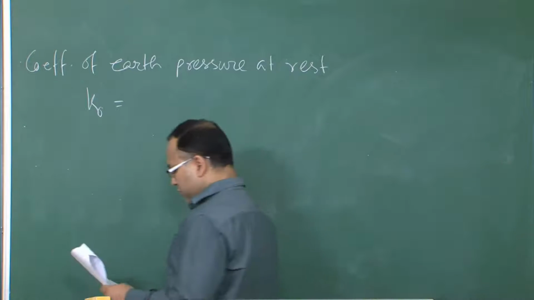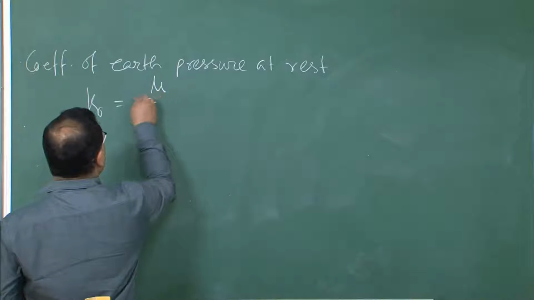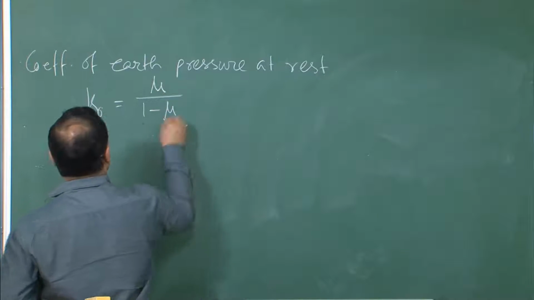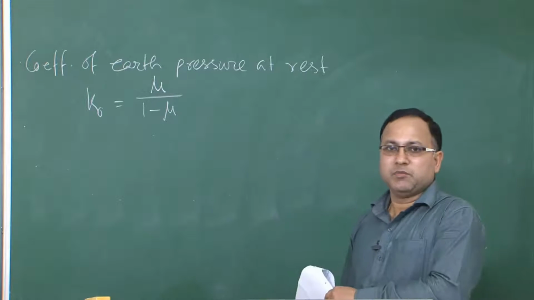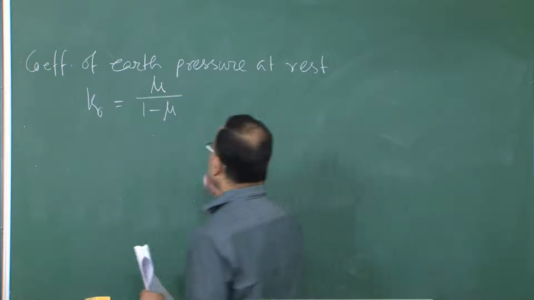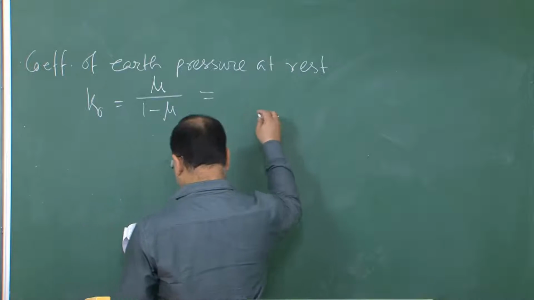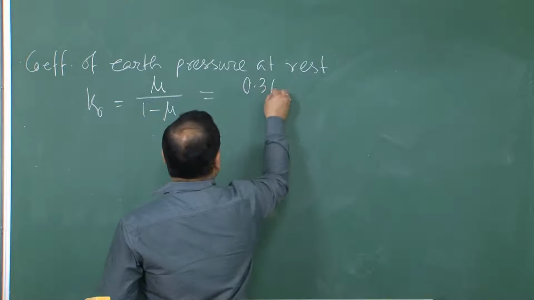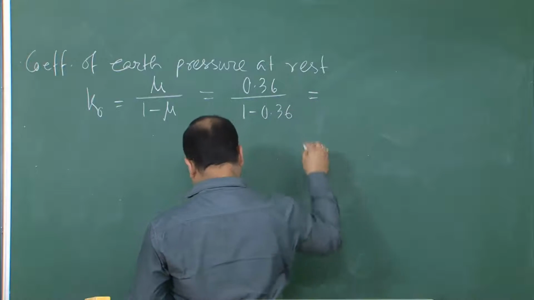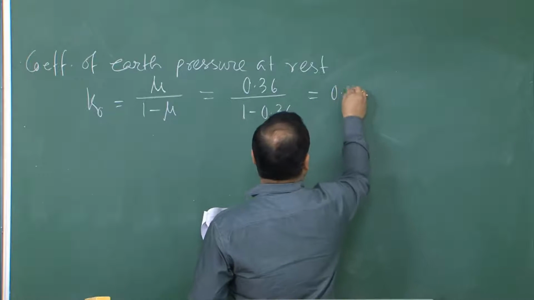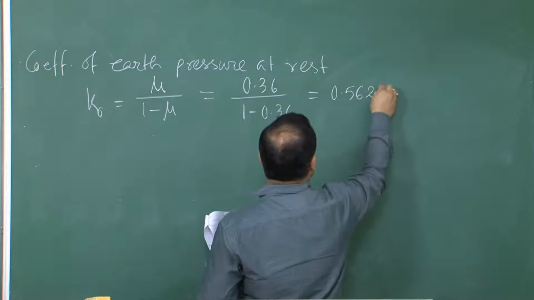So, K naught is equal to mu by 1 minus mu, that already we have seen in the lecture part, right, mu by 1 minus mu, and that is nothing but equal to 0.36 by 1 minus 0.36, which comes around 0.5625.